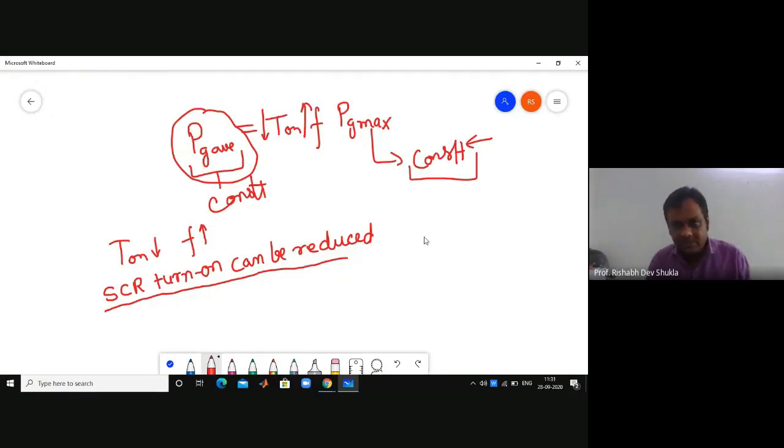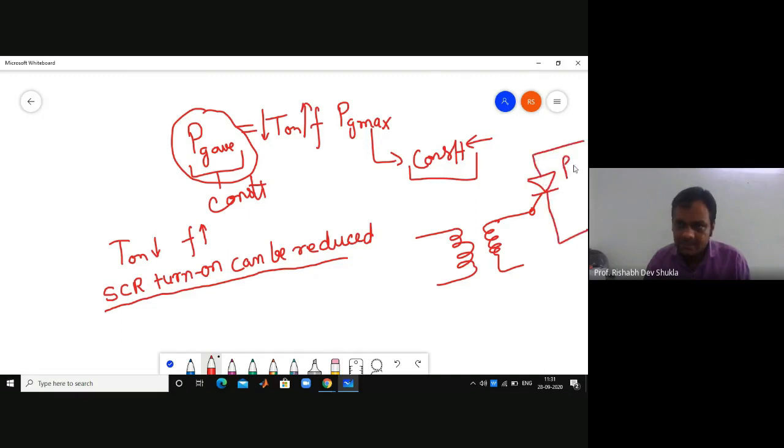On the other side, we are using the pulse transformer in the gate circuit in order to connect this circuit. This is your power circuit.